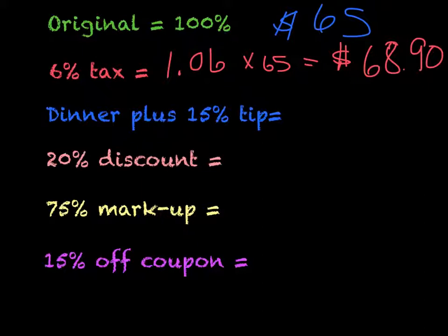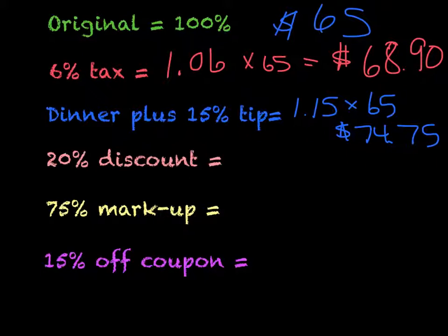Okay, dinner plus a 15% tip. So I'm going to do 1.15 since I'm paying extra, times $65, and that is going to be $74.75.